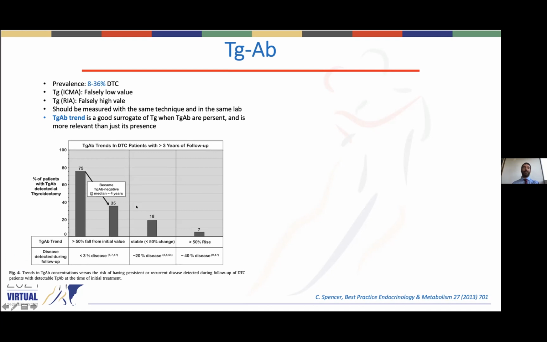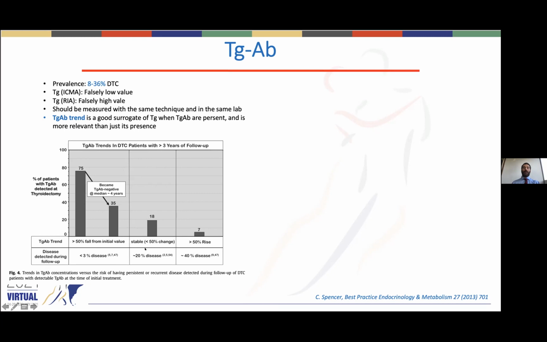This is also a very elegant paper by Karen Spencer, where she showed the importance of the trends. When patients have thyroglobulin antibodies, more than 75% of the patients will have a decrease of more than 50% of the initial value. And in these cases, the likelihood of having persistent disease is less than 3%. 35% of these patients will become negative at a median time of 4 years.